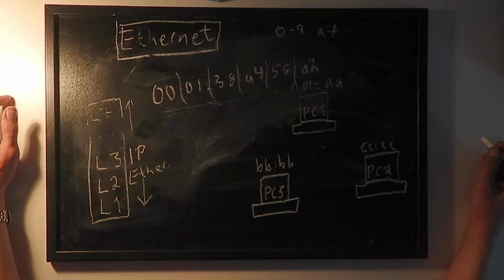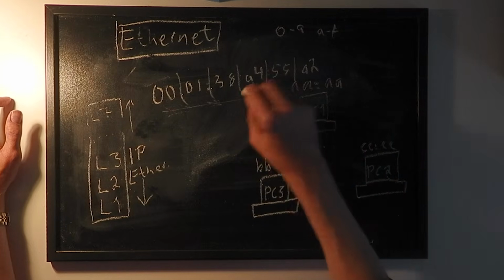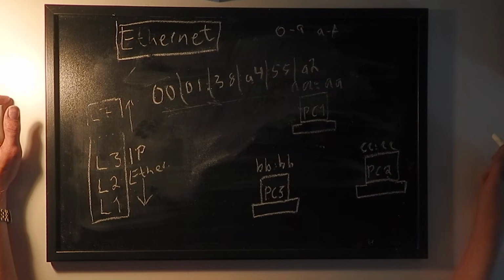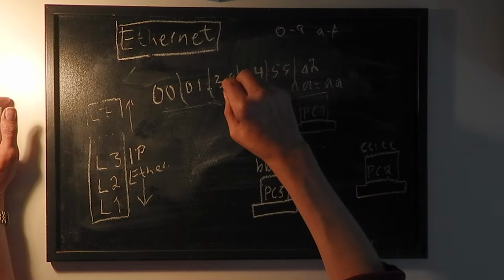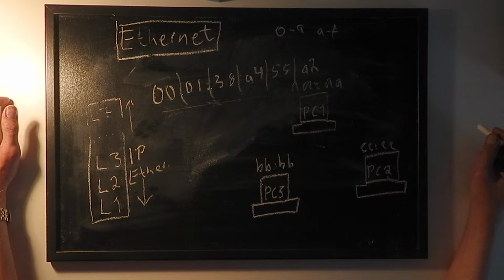You can change it logically, like how your computer represents itself on the network. But the MAC address needs to be unique, because if you connect two computers with the same MAC address on the same local network, it will not work.